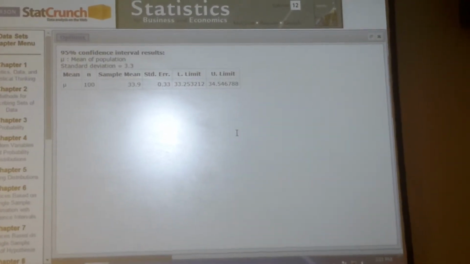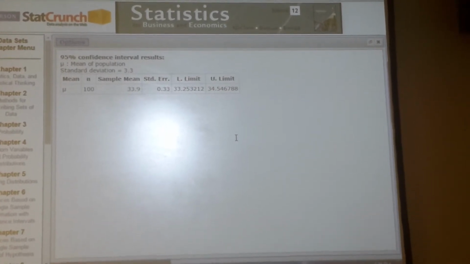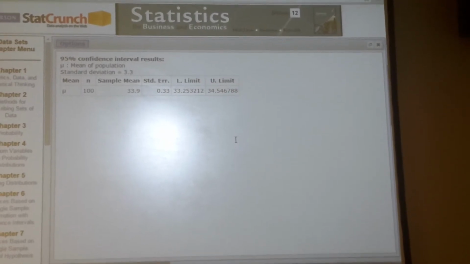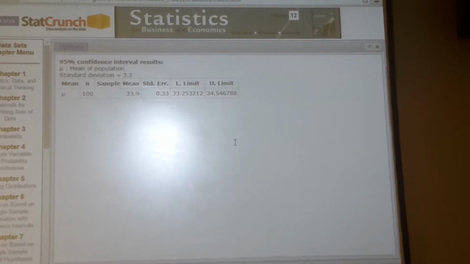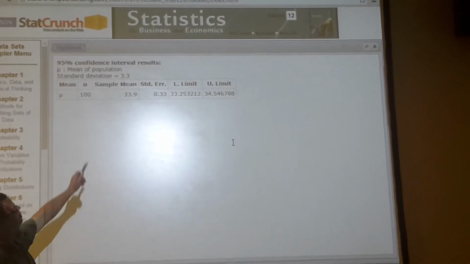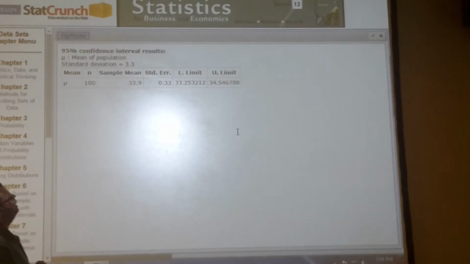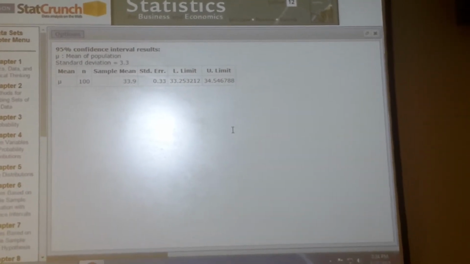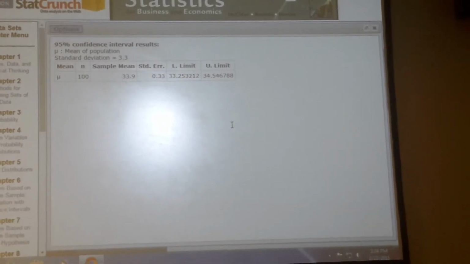It gives us our results here. It shows us that the sample mean is 33.9 and standard deviation is 3.3. That was the data that we put in there. And it also shows us that the lower limit for our confidence interval, or our range, is essentially 33.25, and our upper limit is 34.55.